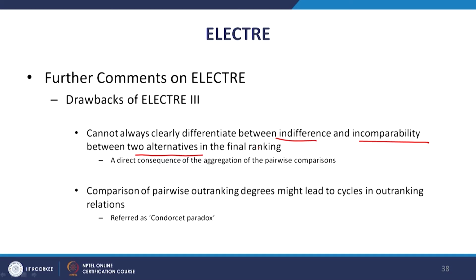This might happen because we are comparing the outranking degrees in a pairwise fashion for two particular alternatives: A with B, and then B with C, and then it might lead to C with A. So there could be certain cycles that could be created, where A might be outranking B, B might be outranking C, and C might be outranking A. This is referred to as the Condorcet paradox, and this is also one of the drawbacks of ELECTRE III.